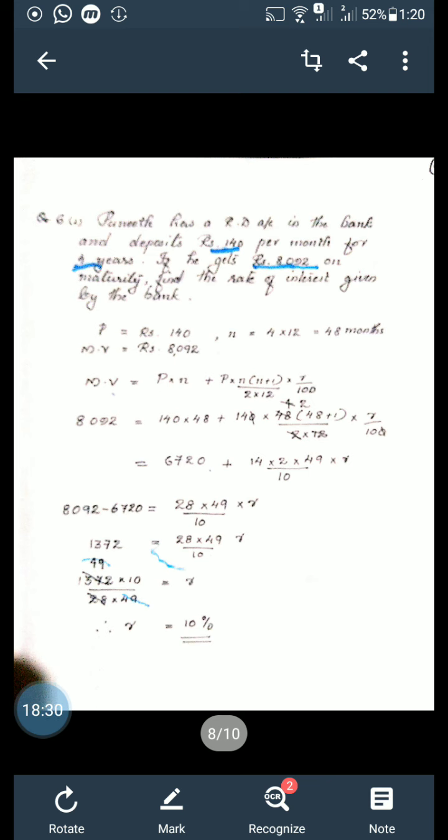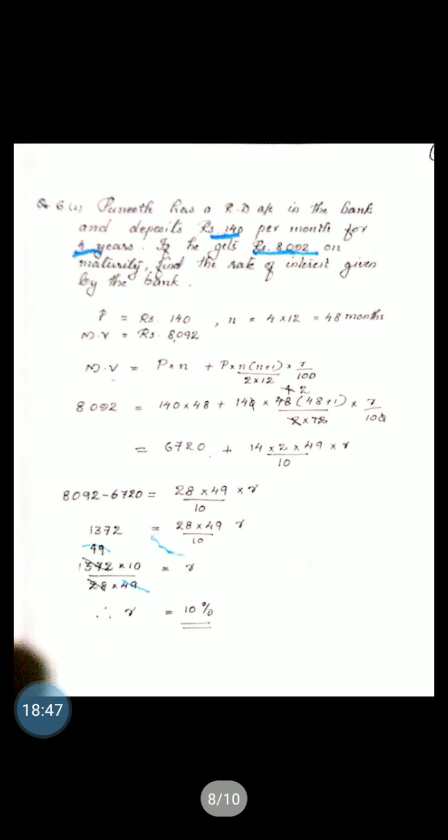Now, another question. Question number 7. It's a board question. That is also very simple. I'll read that question.